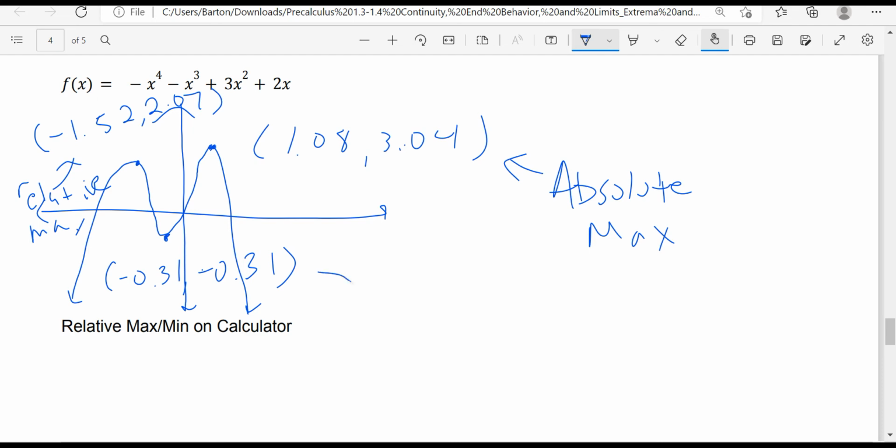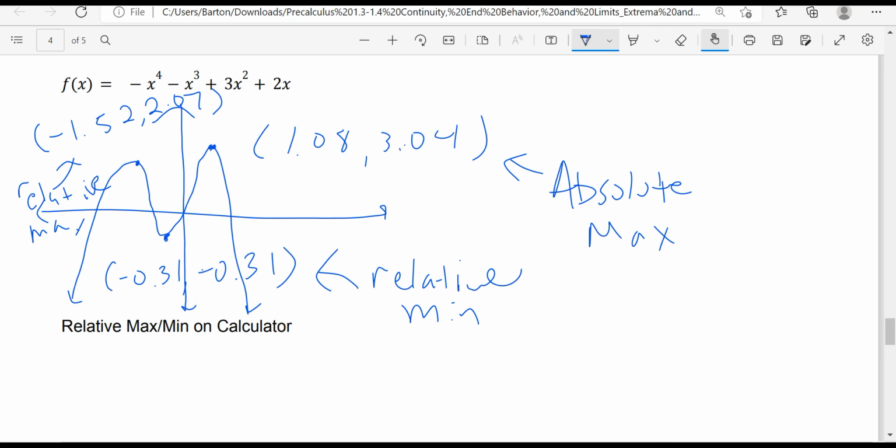And this right here would be called a relative min. Is it the absolute min? Absolutely not, because the graph, as you see, has two arrows pointing down to positive infinity and negative infinity. So this is a relative min. For its given interval, it's the smallest it can possibly be.